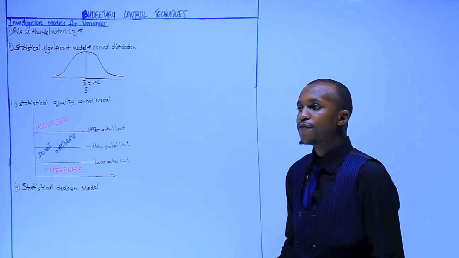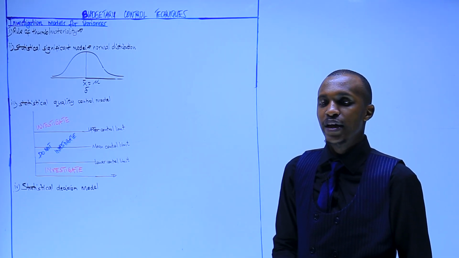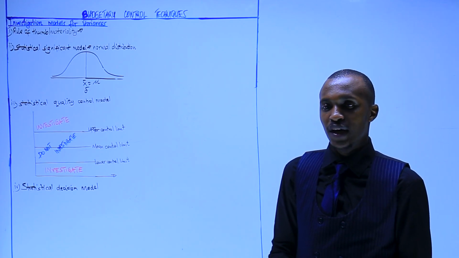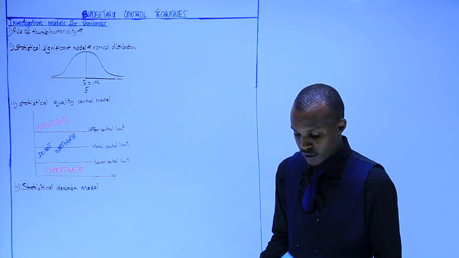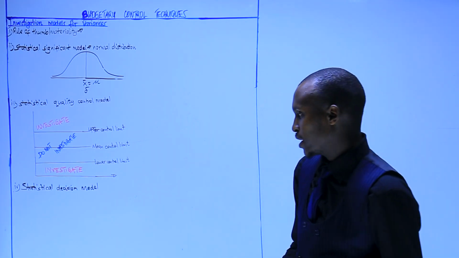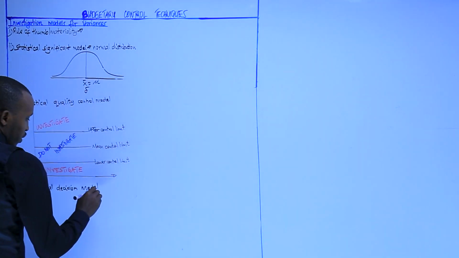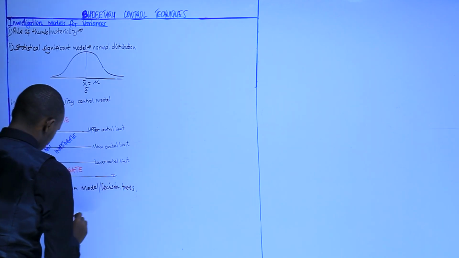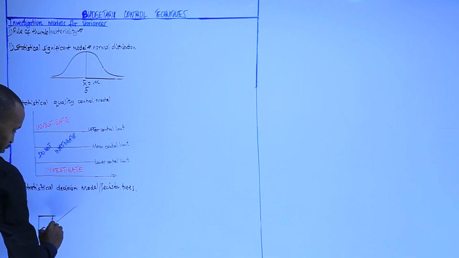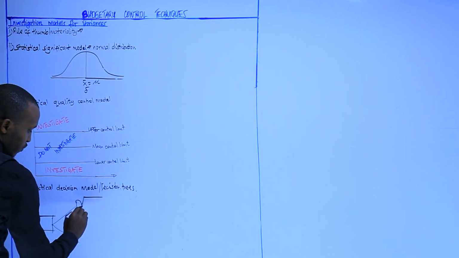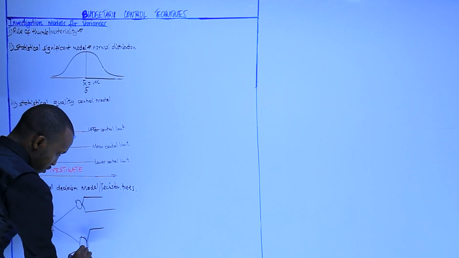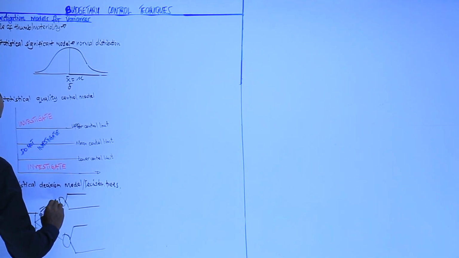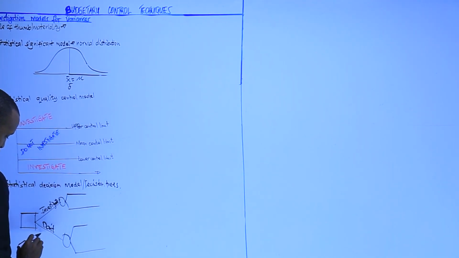However, if the benefit is lower than the cost, you will not investigate the variance. So here, in most cases, we simply use decision trees, where you have your states of nature: investigate, don't investigate.